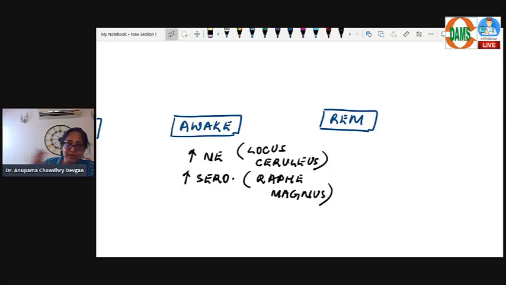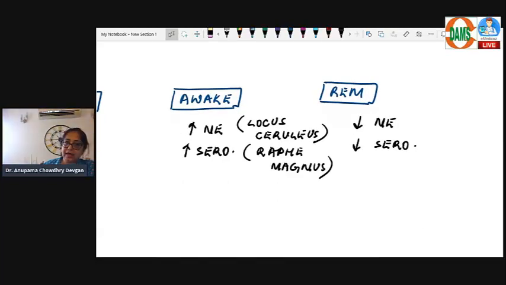REM, which is the complete opposite, is associated with decrease in norepinephrine and decrease in serotonin. Now, REM is also associated with increase in acetylcholine.